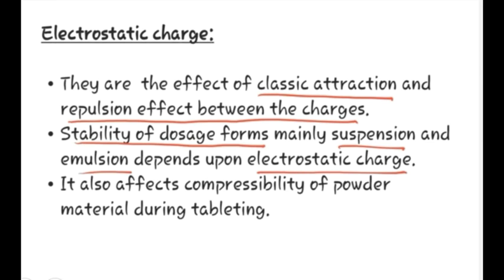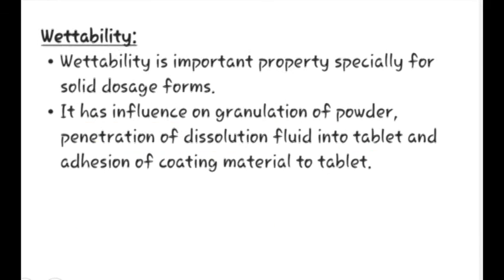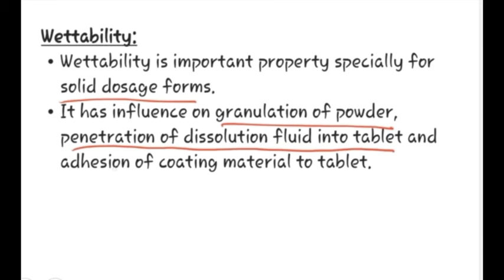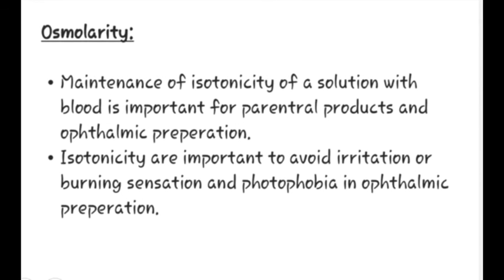And note that 75% of all drugs are weak bases and 25% are weak acids, and only 5% are non-ionic amphoterics. So in this way we complete this topic, pre-formulation part 1.